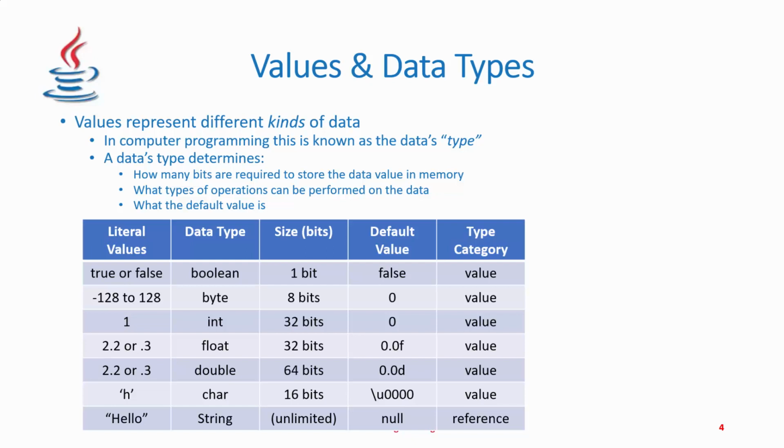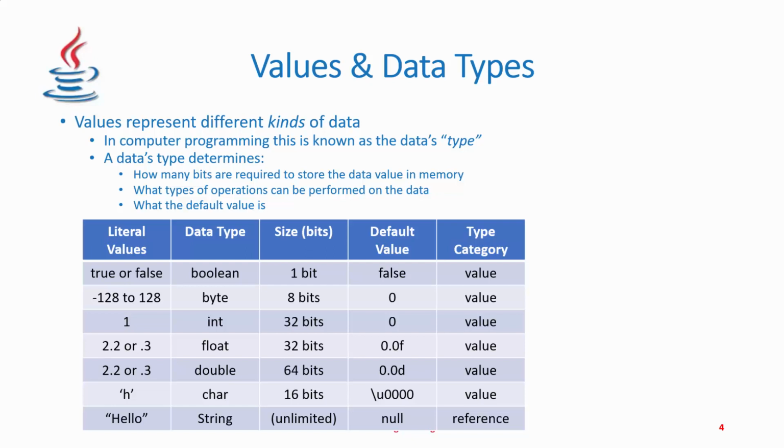A data's type determines how many bits are required to store that data value in memory, what types of operations can be performed on the data, and what the default value of that data type is. So if we declare a variable that's going to hold a certain data type, but we don't assign a value to it, there will be a default value assigned to it.